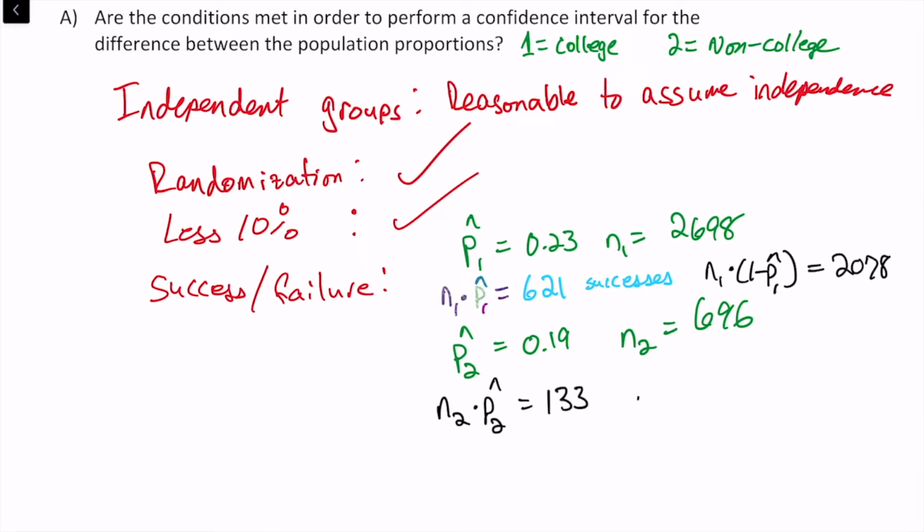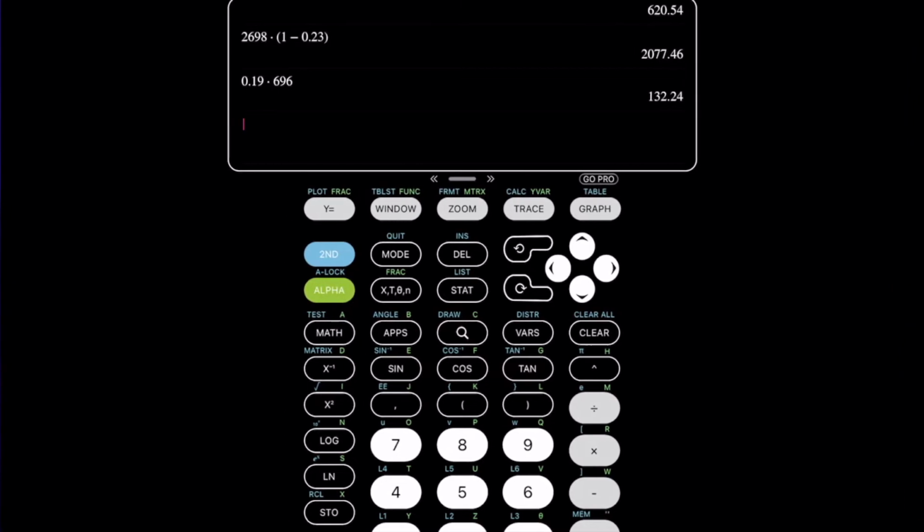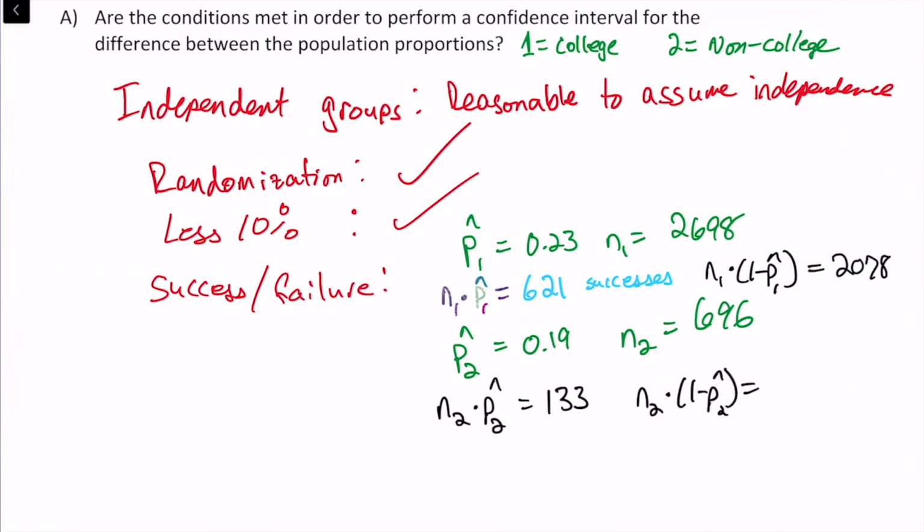And then N2 times 1 minus P2 hat, which will be 696 times 1 minus 0.19. I know I flipped my order of multiplication, but the order of multiplication never matters. And we get 564. I'm just always going to round up these numbers. All of these are bigger than 10. We are good to go.